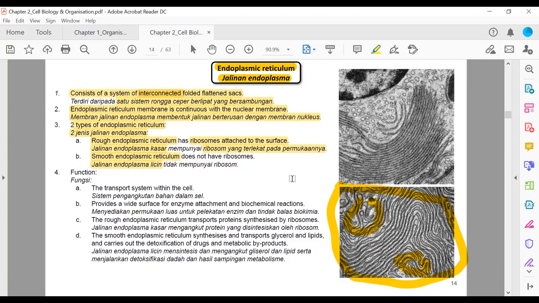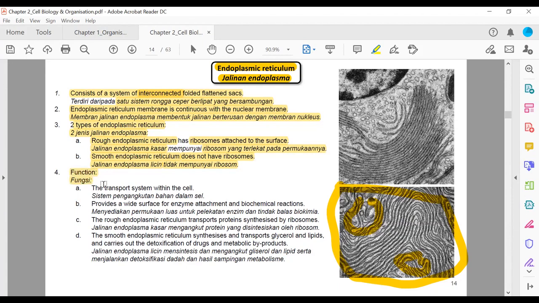Manakala smooth endoplasmic reticulum licin sebab does not have ribosome. Tidak mempunyai ribosom yang melekat di atasnya. So dia nampak licin. That is why one is called rough, kasar. Another one is called smooth atau licin. This is the reason.